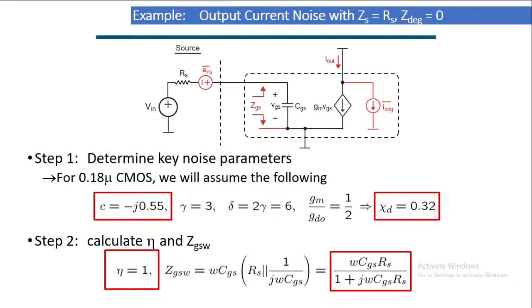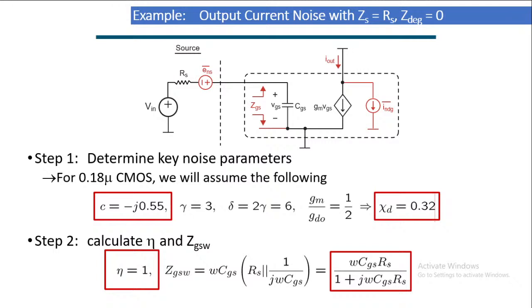First step is to determine the key noise parameters. What are the key noise parameters? First we have to determine that. For a 0.18 micron CMOS device, we will assume the following: C is equal to minus j 0.55, that is the small c. Gamma is equal to 3 for a 0.18 micron device.